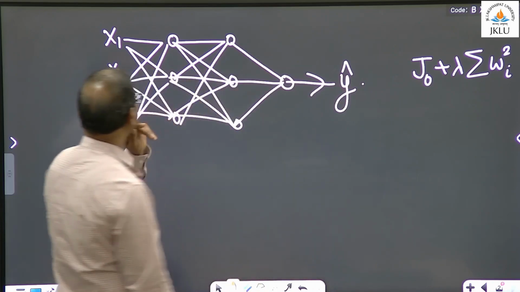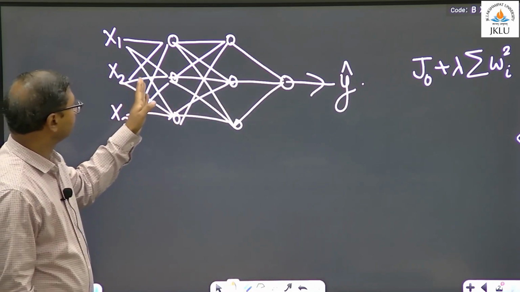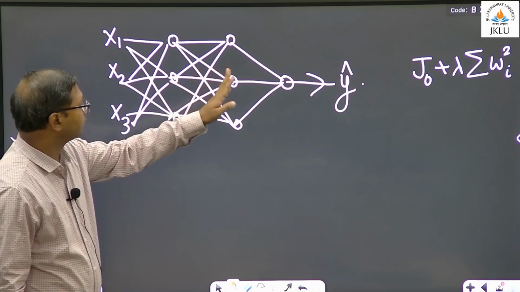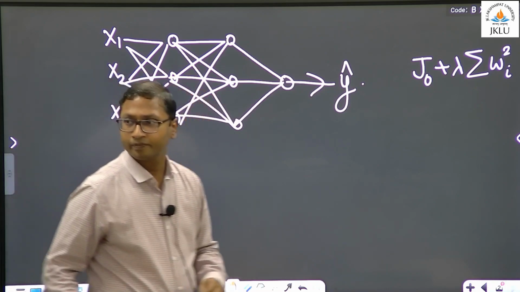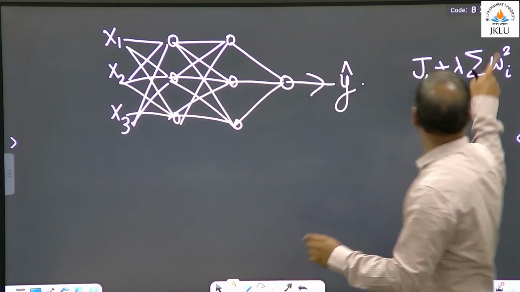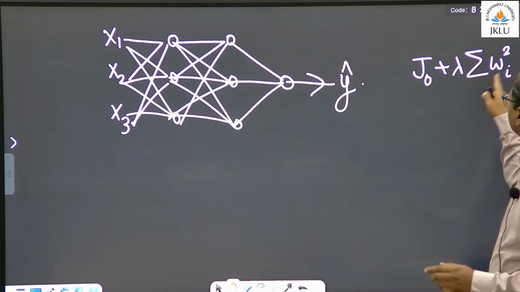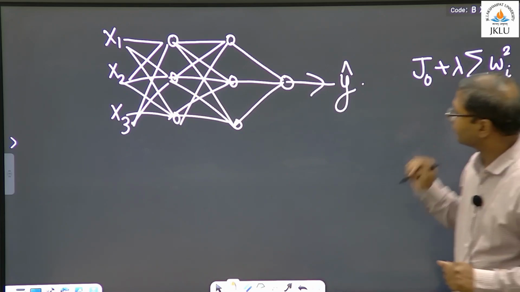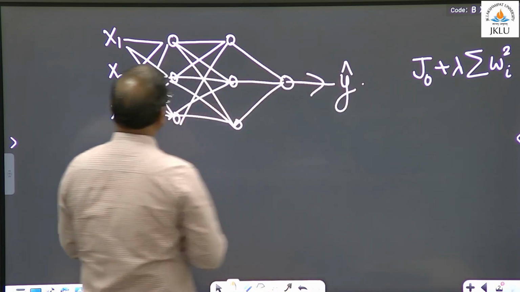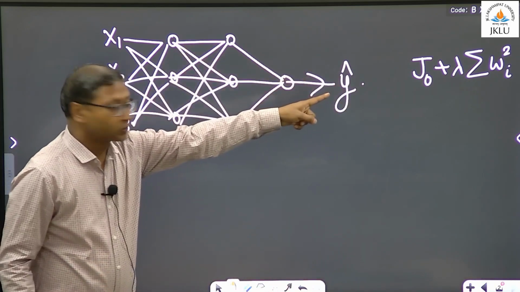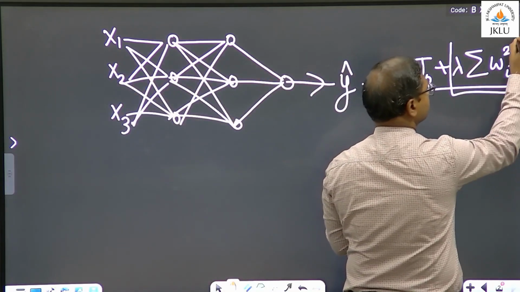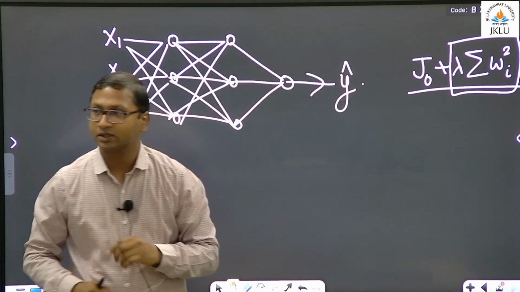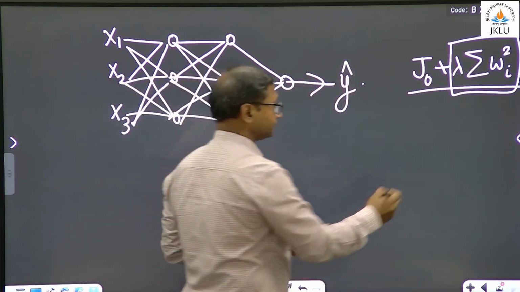How many weights are here? 9, 18 and 9 again, 27. So you will have 27 such terms, Wi's including Bi's. This is the regularizing term, but you don't do that.